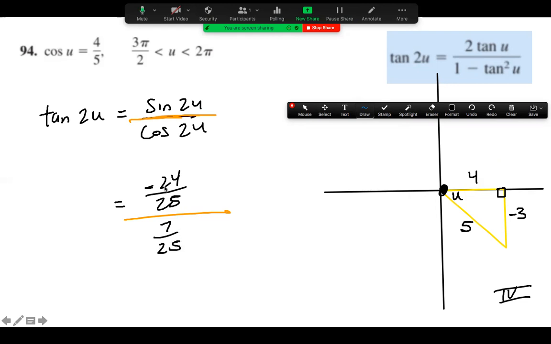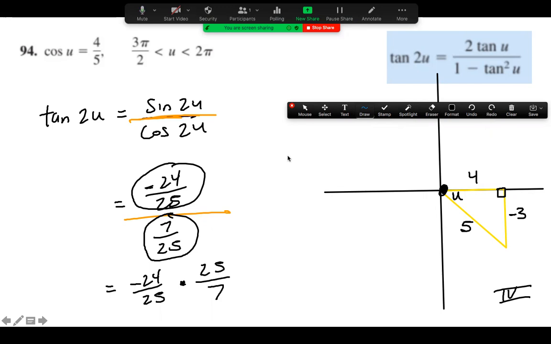All right, so now here's our keep, change, flip idea, where you leave the numerator alone. So that's negative 24/25. Instead of dividing, you change it to multiply, and you take the reciprocal of your denominator. So instead of 7/25, it's 25 over 7.